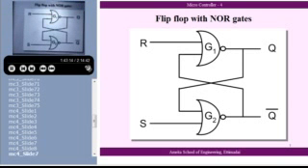If this is 0, the output is decided by this other input. So when R is 0, before R goes to 0, if Q was 1, this should have been 1. Since this is 1, this is a 0, it will be retained as it is, the old state will be retained.